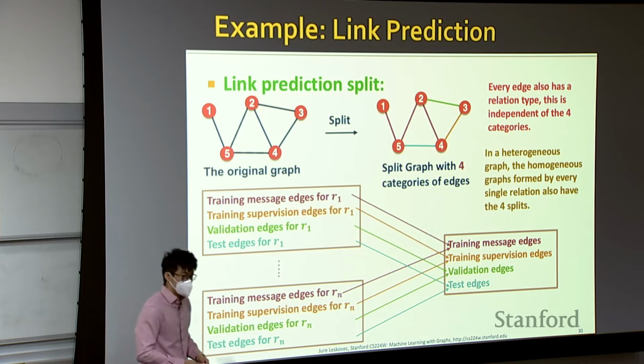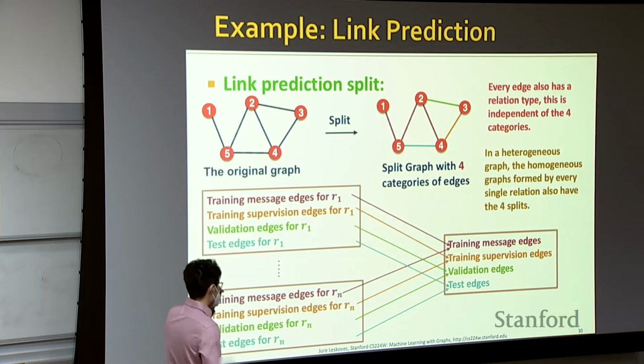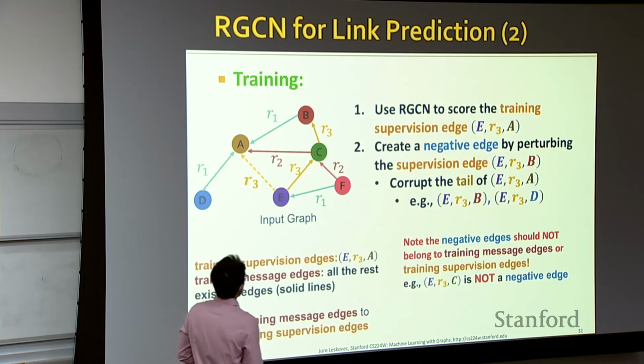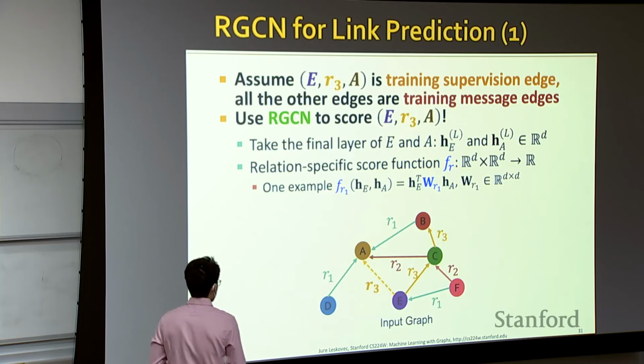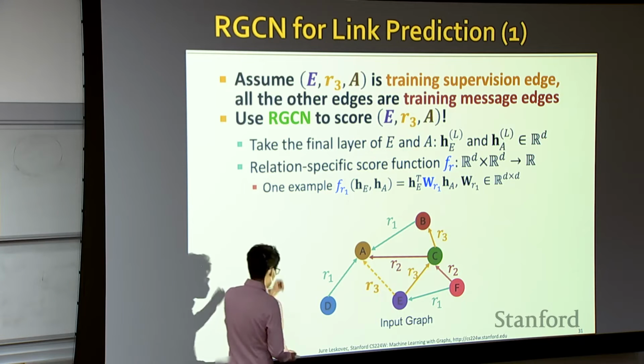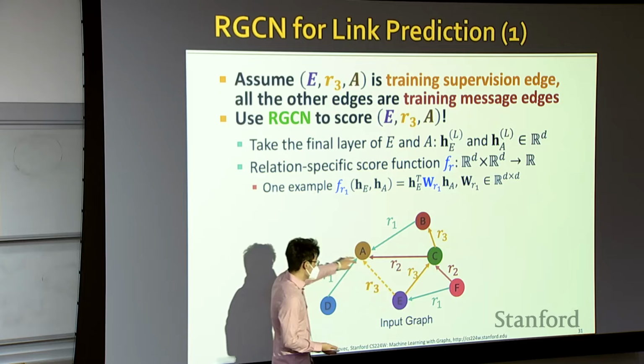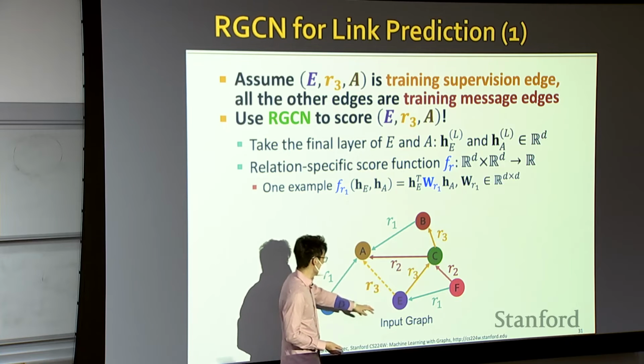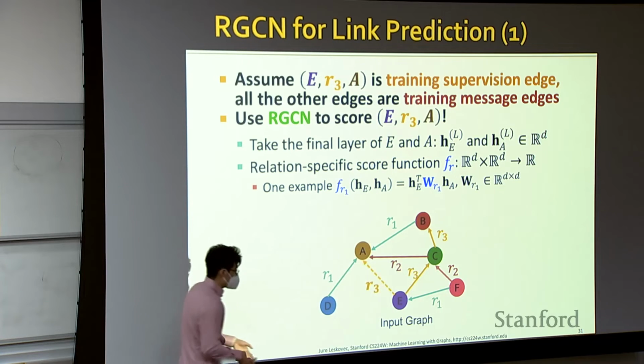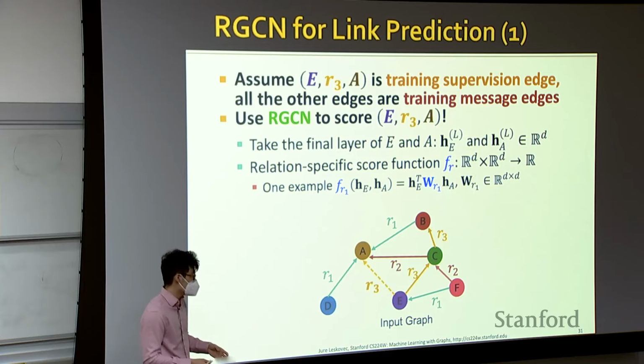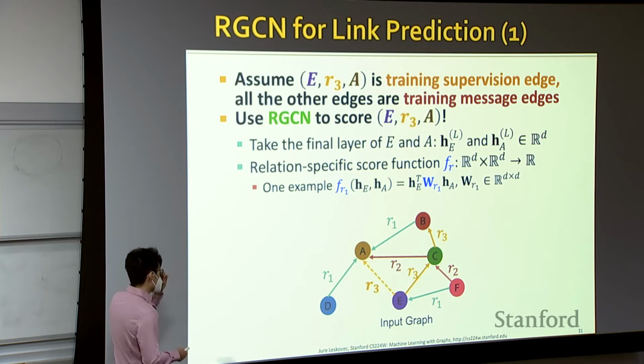Great discussions. So we talked about the formulation of link prediction for heterogeneous graphs, and let's see a concrete example. For example, we want to predict this missing link from node E to node A, for a particular edge type, relation type R3.